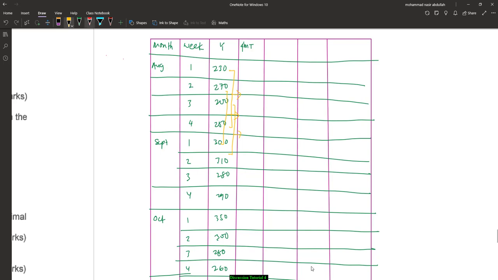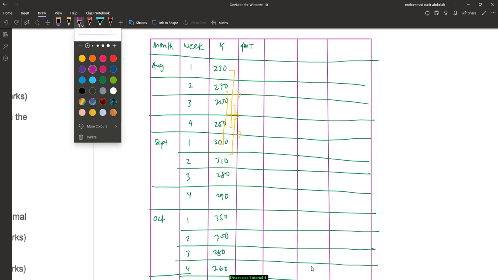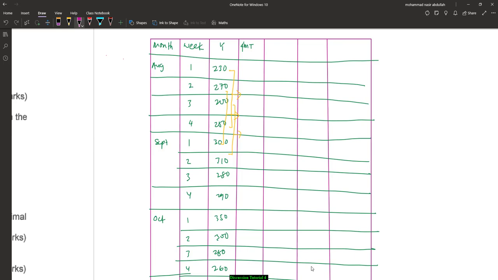So I dah buat calculation, so it should be this one 237.5, this is 255.0, and this is 265.0, 285.0, 295.0.